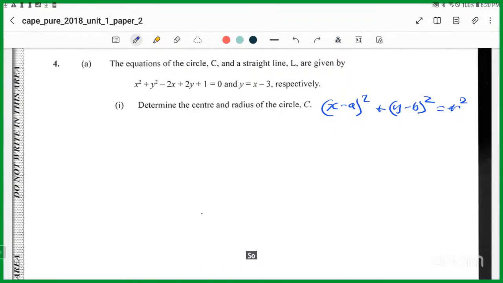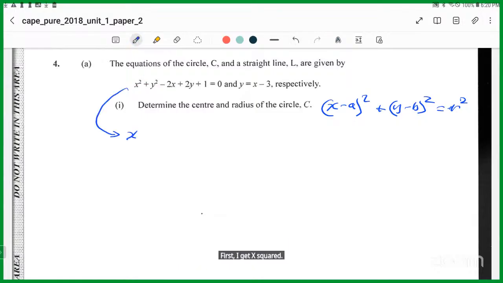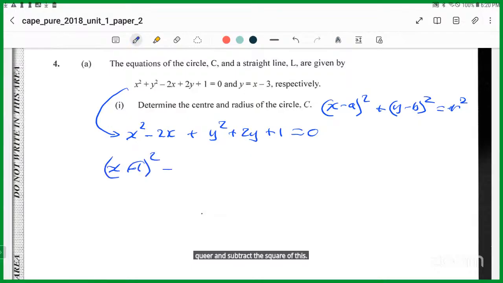So let me complete the square of these two, and of these two. Taking this equation, I'm going to put these two together first and get x squared minus 2x, and then y squared plus 2y, and this plus 1 equals 0. Complete the square of these two. Now we get x minus, half of the negative 2 is negative 1, squared, and then subtract the square of this, which is 1 squared, plus these two.